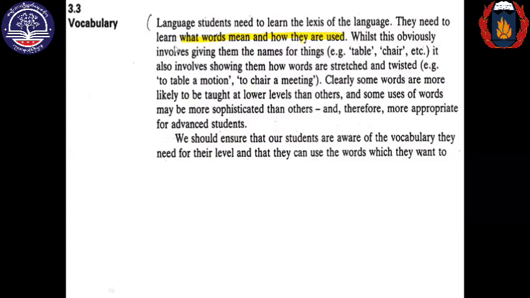Vocabulary: what words mean and how they are used. As I have said earlier, most of the English words have more than one meaning.